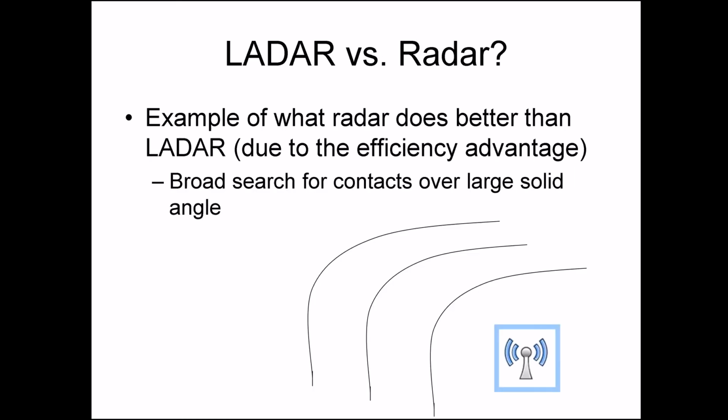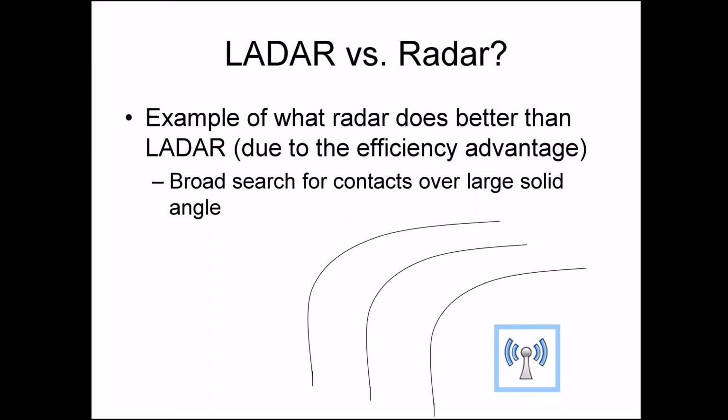So here's an example of something that radar is superior at versus laser radar systems. This is the classical scenario where radar really shines, when you're doing a broad area search over a large solid angle, meaning something that fills a volume of space.